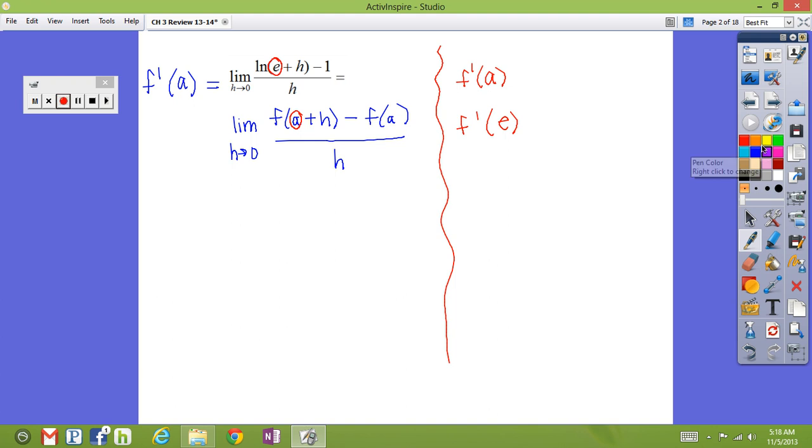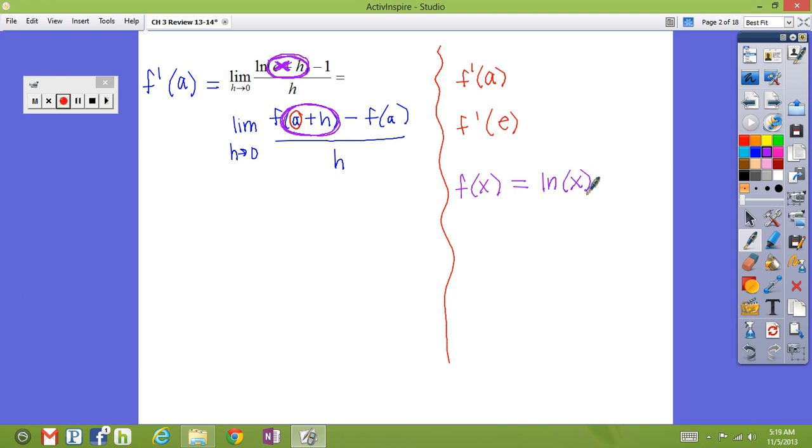Next, you're trying to figure out what the function is. And that's easy by taking a look at this, this is the input. You're inputting that into f of x. So when you find the a plus h part, you can take this whole piece and replace it with x. And when you do that, it tells you what the function is.